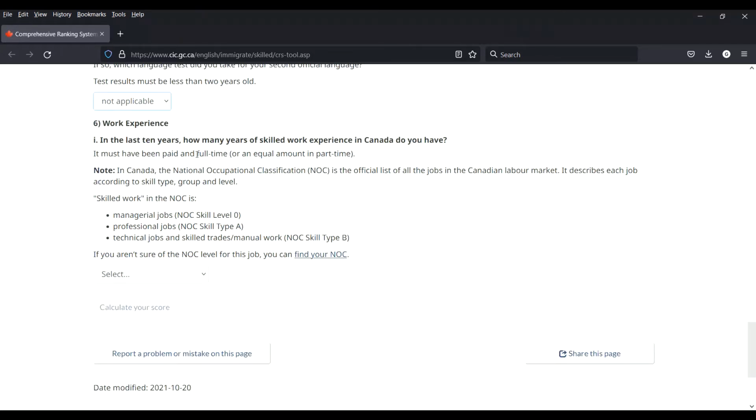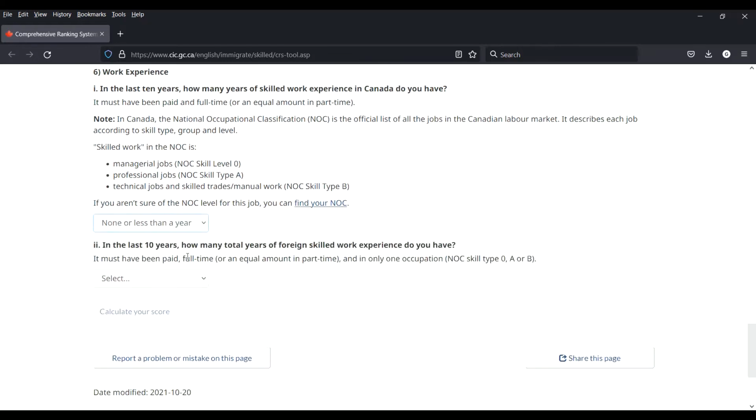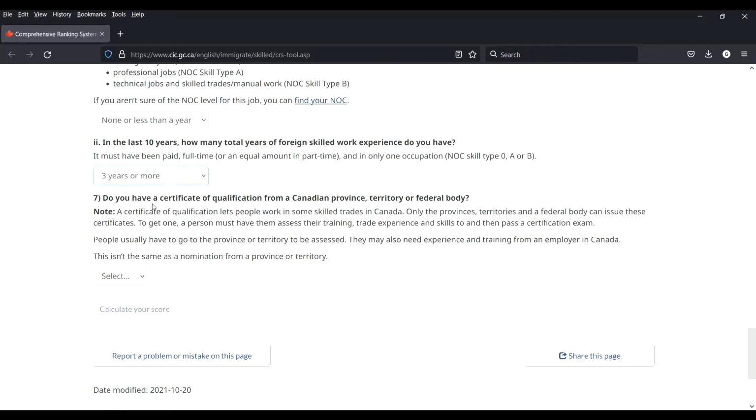Work experience in the last 10 years: how many years of skilled work experience in Canada do you have? This candidate has none. In the last 10 years, how many total years of foreign skilled experience do you have? Let's say you have 3 years and above. Do you have a certificate of qualification from a province, that is PNP, if you have been nominated by any Canadian province?